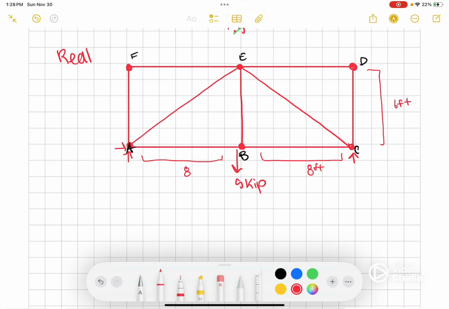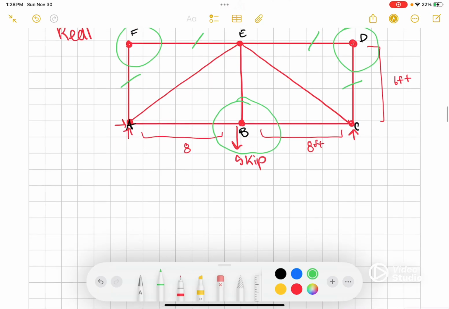Some of these are no longer going to be zero force members. These ones still don't have any applied loads on them, so there's no way they can have any force in them. Those are still going to be 0, so we're just going to put a cross through those. But this one right here is not going to be 0 because now we have an applied force.